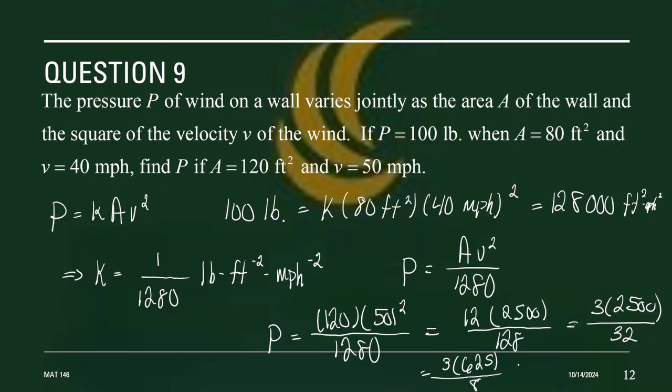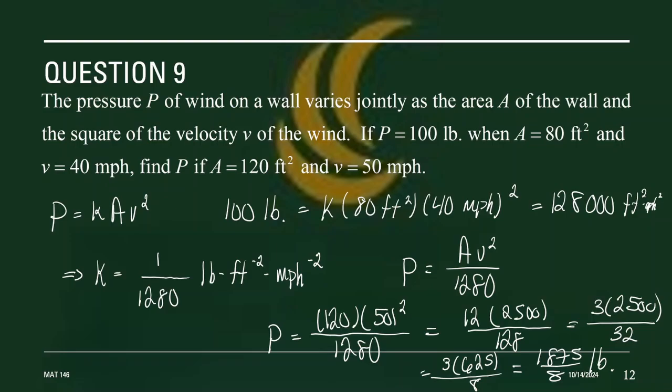Yeah, and then what's 3 times 625? 3 times 600 is 1,800. What's 3 times 25? 75. 1875. 1875 over 8 pounds.